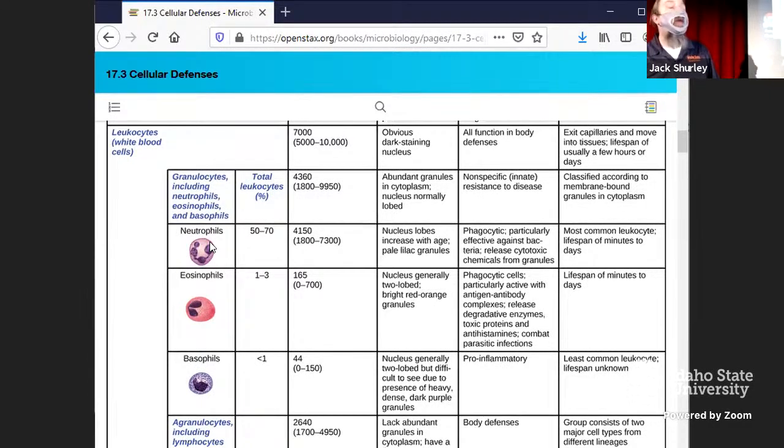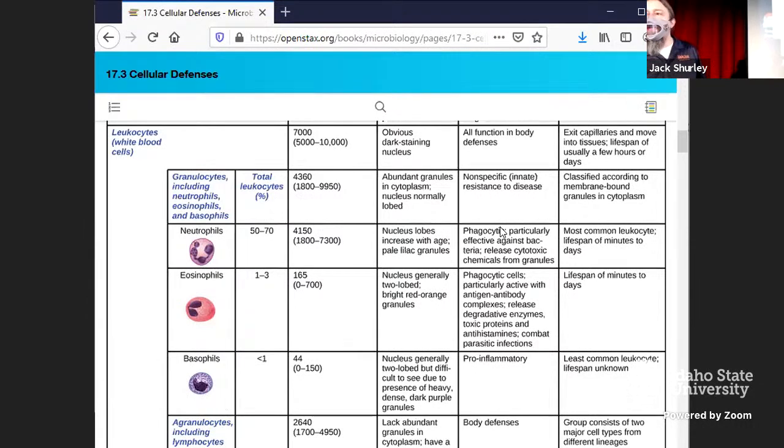So again, the major player is the neutrophils. They're neutral staining, and it's the granules, the lysosomes within these cells, having different types of proteins or enzymes, that pick up the staining properties a little bit differently and allow us to differentiate. So they stain kind of pale, sort of lilac colored.